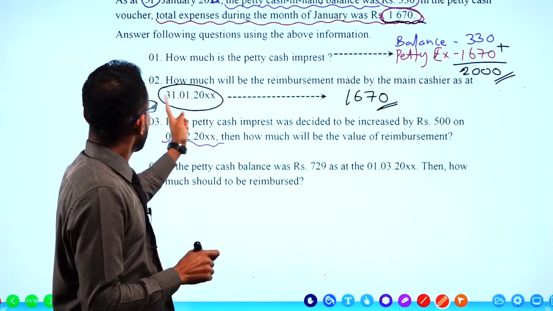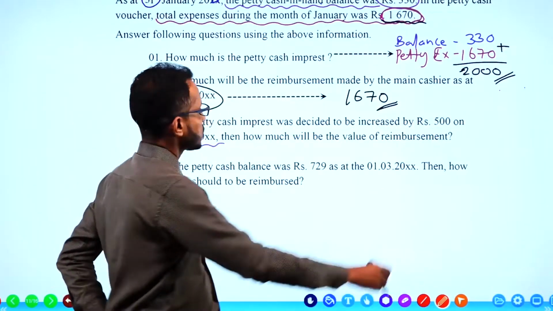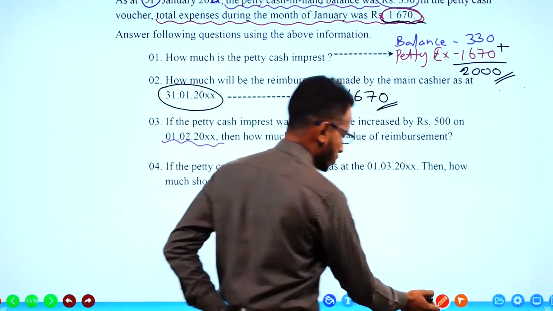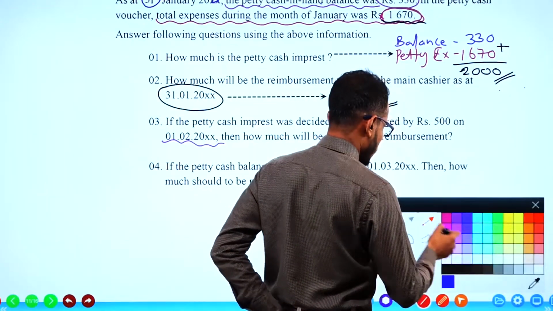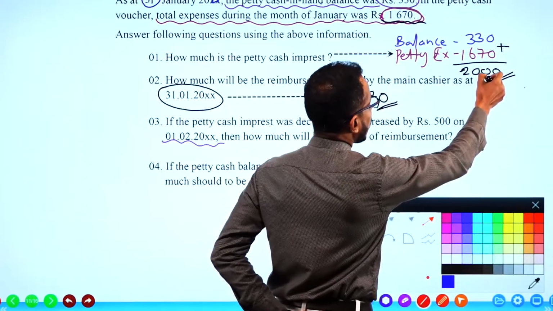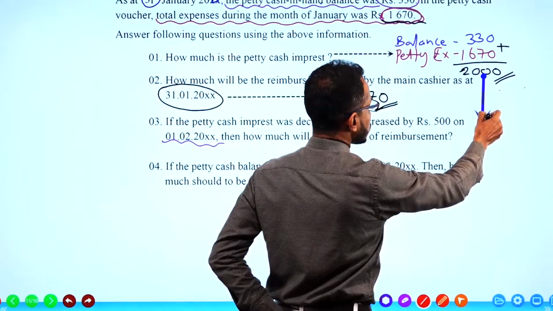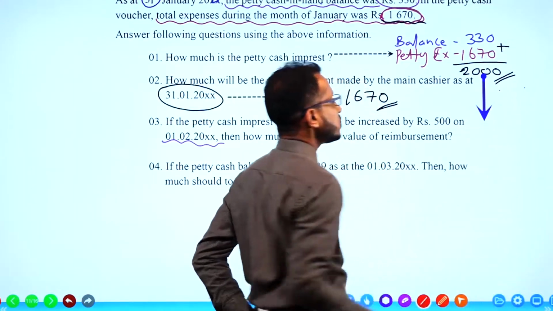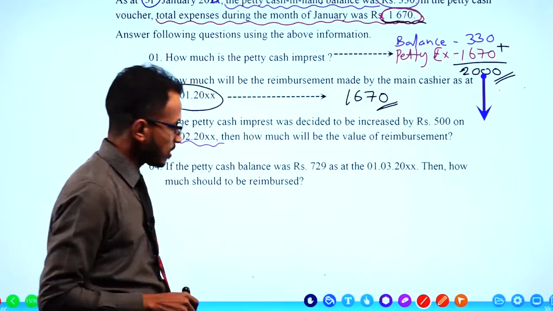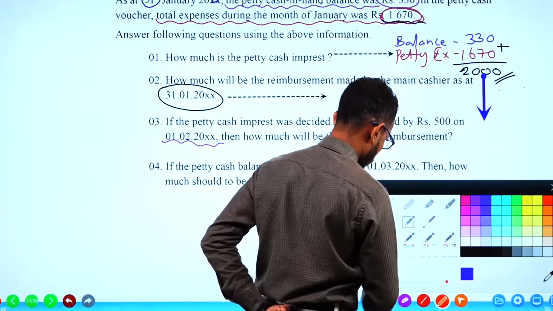Okay, if the petty cash imprest was decided to be increased by 500, which means, let's mark it, this imprest amount should be 2,500 with the start of February.